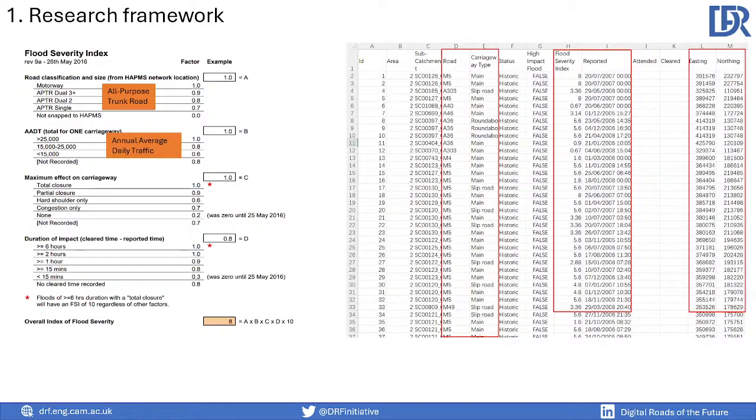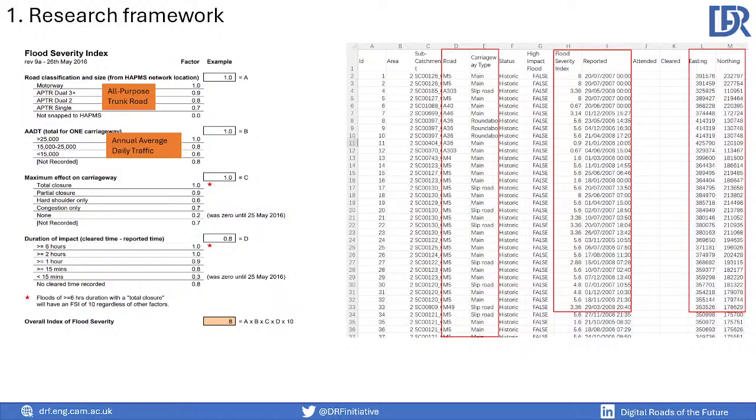You will find that this index is an aggregated index. It not only directly reflects the flood impact; the lower two are related to the flood impact. It's the maximum effect on the carriageway, its closure or partial closure. It's also, for the other criteria, the duration of the impact.